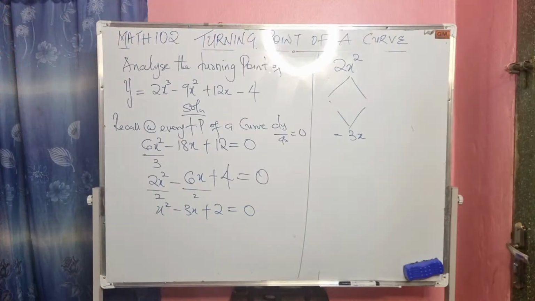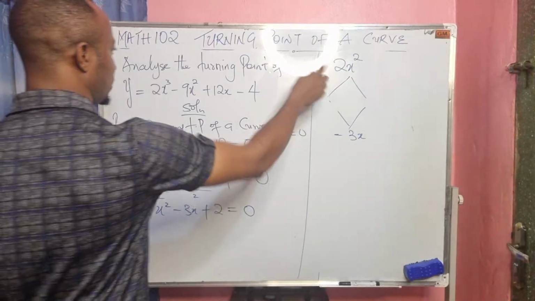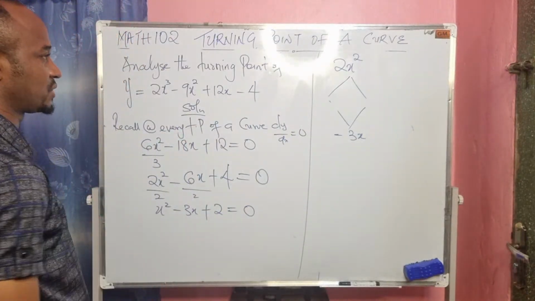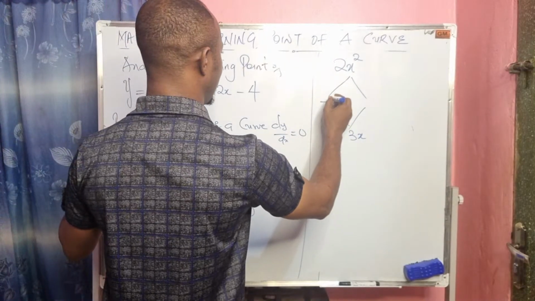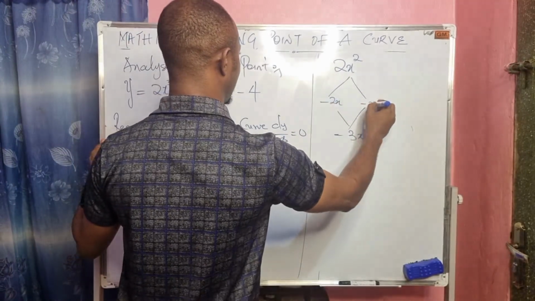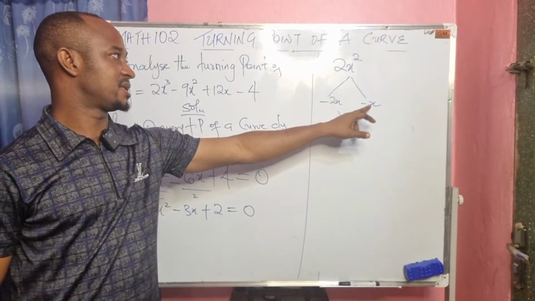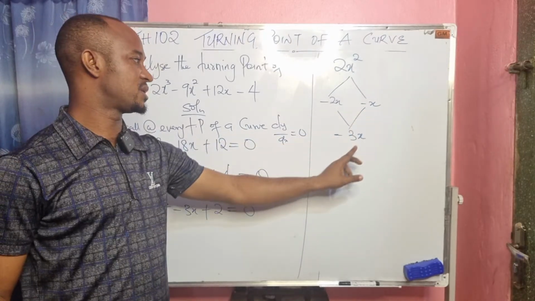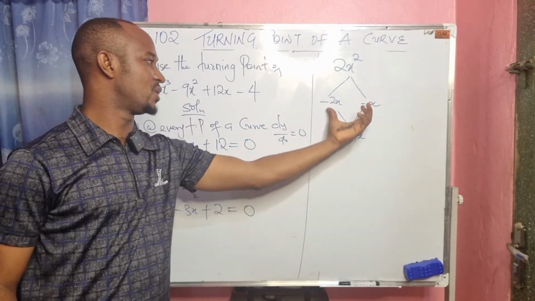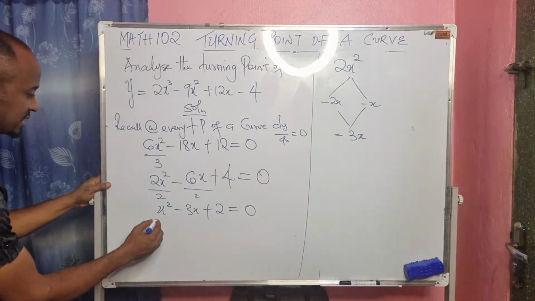What are the 2 numbers? That should give us minus 2x and minus x. Let's verify this. Minus 2x times minus x is 2x squared, right? Minus 2x minus x is minus 3x. So I can replace minus 3x with these 2 numbers.